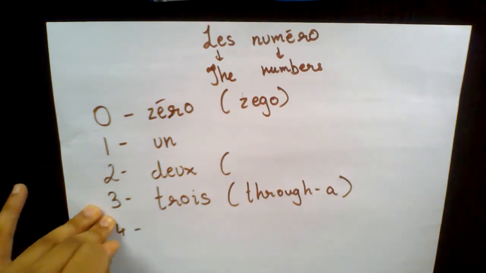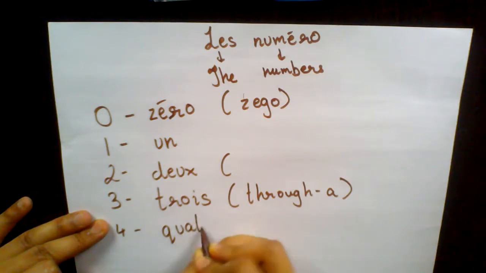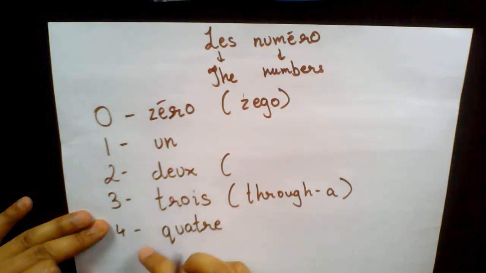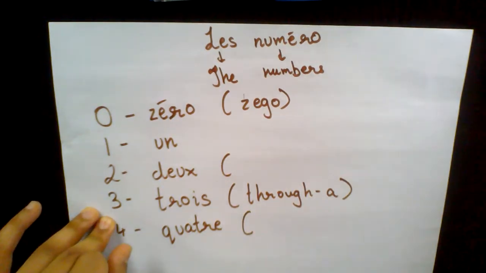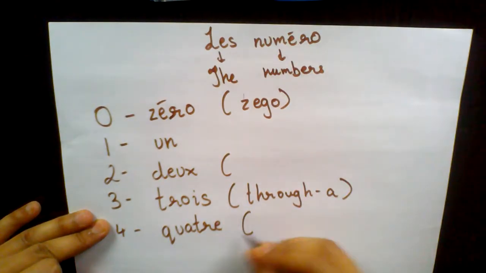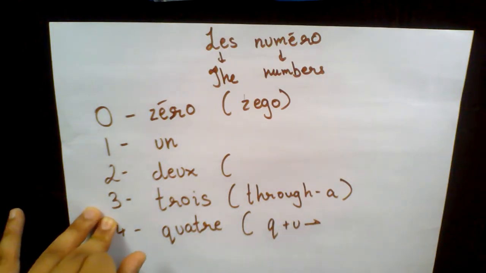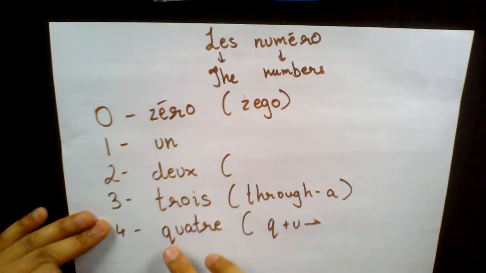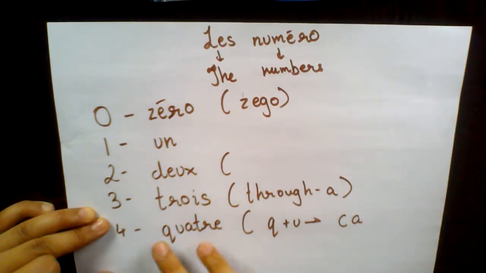Number 4, quatre. So when you have the Q plus U, I'll write it in the bracket, you do not pronounce the U, and it becomes KA in English.